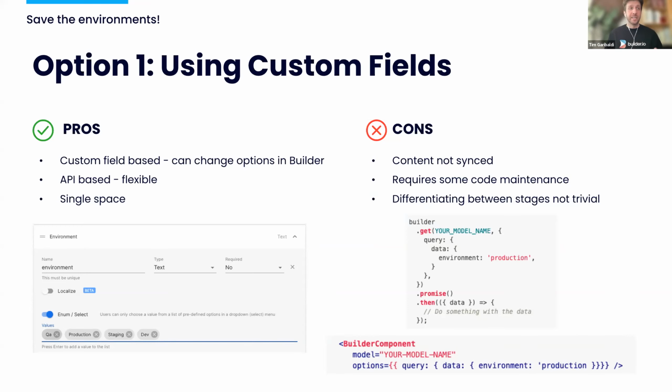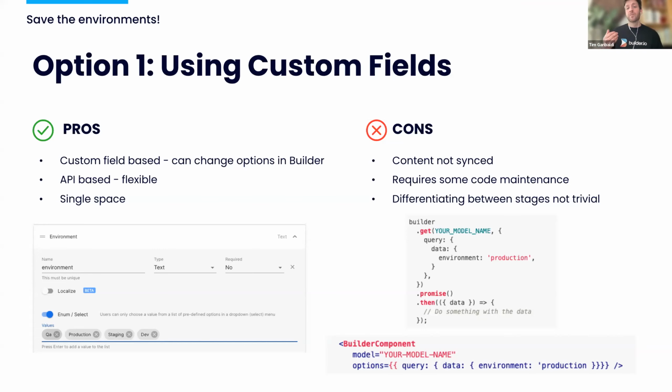So prod, QA, staging, whatever makes sense for your setup. And then within your code, you just have to pass that as a query to our API, our builder.get, our builder component, our render component, and make sure that you're getting the right content for the right environment app that you are in, right? Production content for your prod environment, QA content for QA environment, et cetera, right?